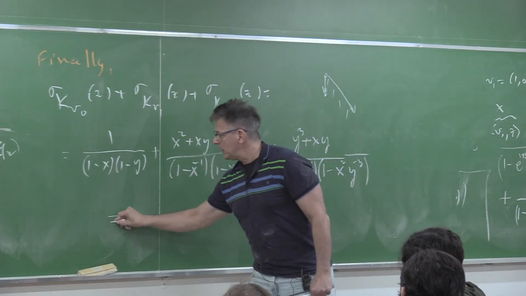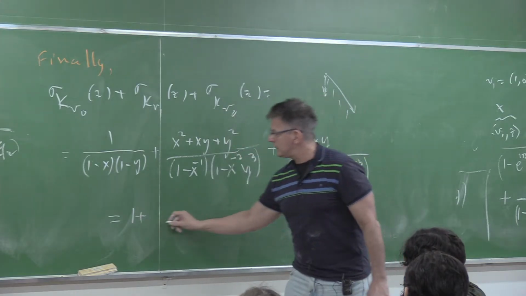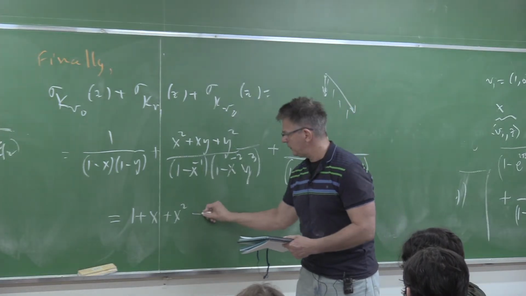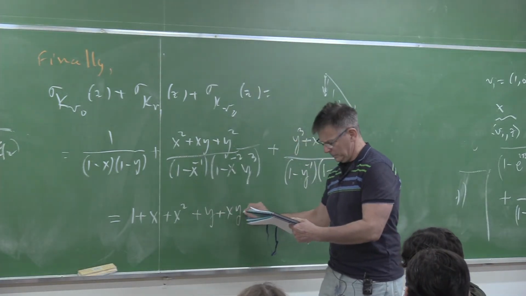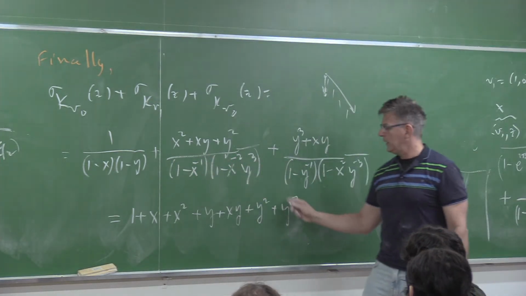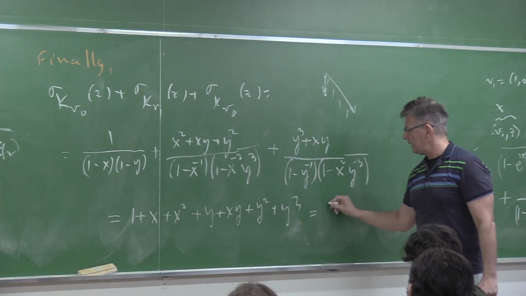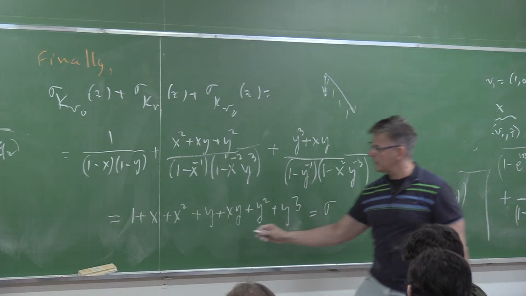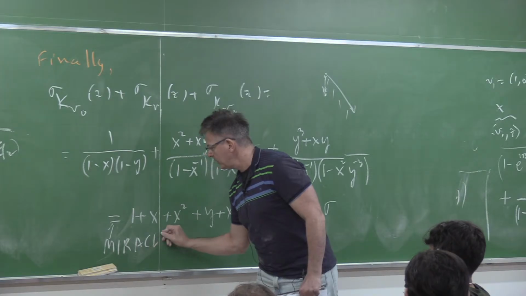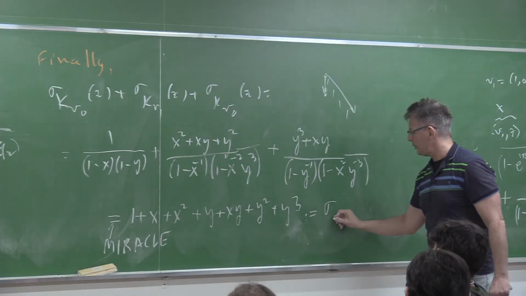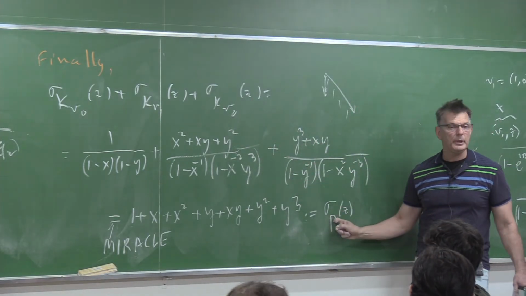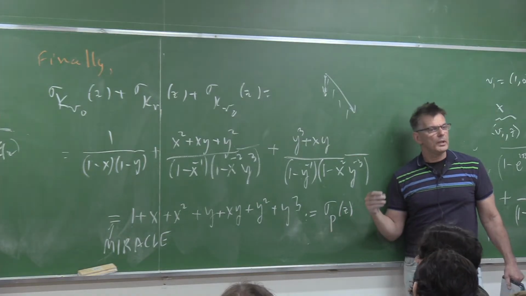But for some strange reason, this is equal to exactly a polynomial in x and y. And this polynomial, if you work it out and simplify, magically, this is kind of the miracle, this polynomial is exactly, by definition, sigma p of z. So the sum of the three tangent cone contributions is exactly the integer cone of the triangle.